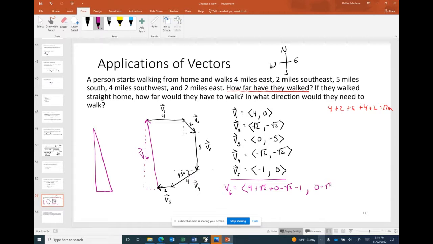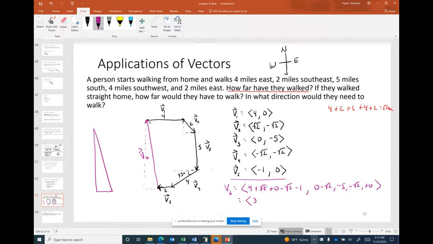That's going to be 0 minus square root of 2 minus 5 minus the square root of 2, and then there's a 0 plus or minus that 0. Let's simplify that. So we've got a 4 minus 1, or a 3. The square root of 2's add out. So the horizontal component is 3.